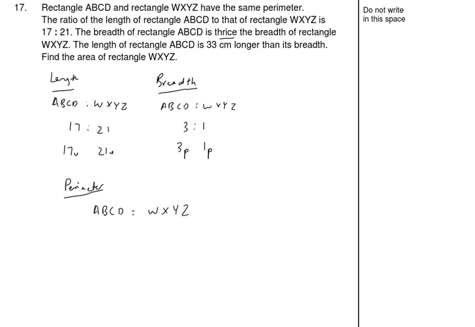Yes? So how to find the perimeter of ABCD? It's actually 17 units plus 17 units plus 3 parts plus 3 parts equals to 21 units plus 21 units plus 1 part plus 1 part. Correct? Okay, still very much what we have done every day.